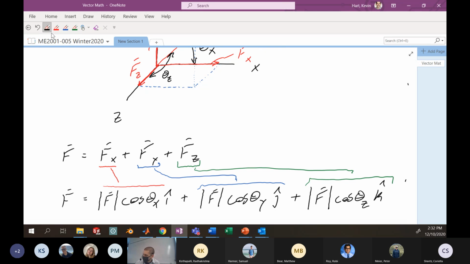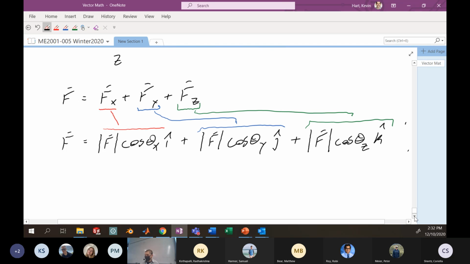All right. We have a special designation for this setup. We would call these interim values, which tell us the magnitude of the total force along that particular direction, direction cosines.